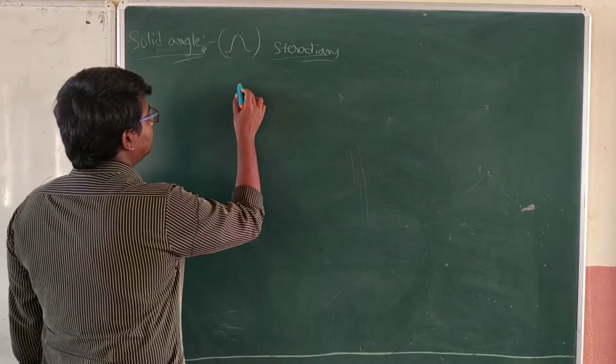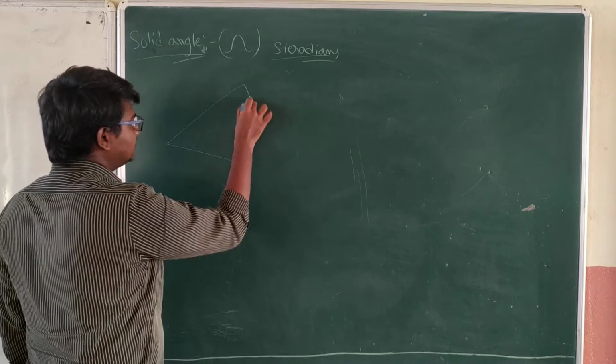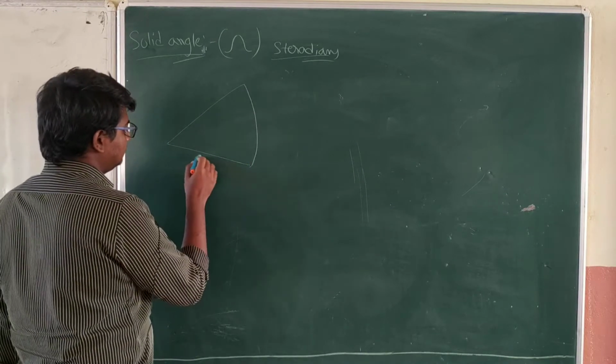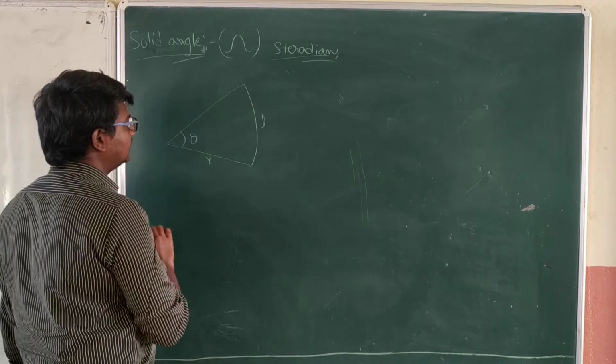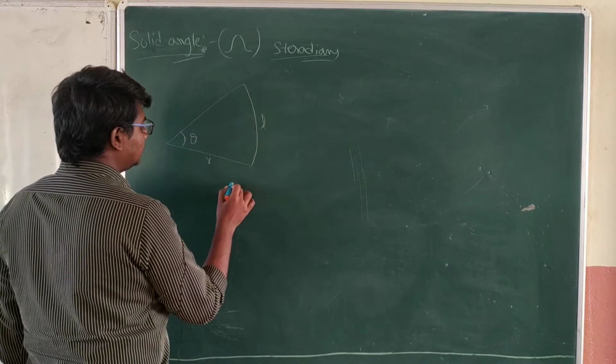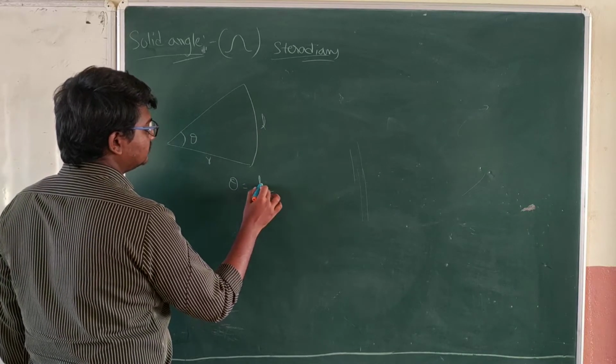Right. Now see, if you consider this is a sector whose radius is R, length is L, angle is theta, then theta is equals to L by R, we know.